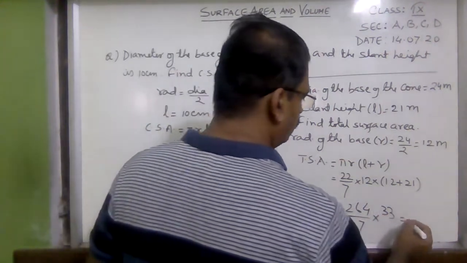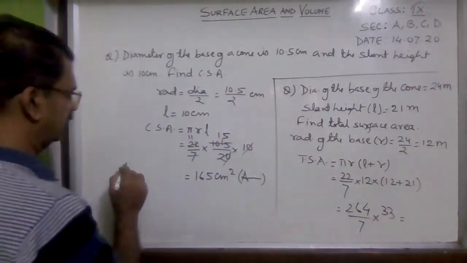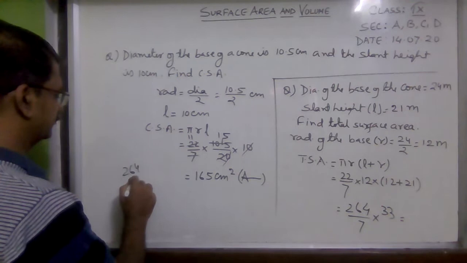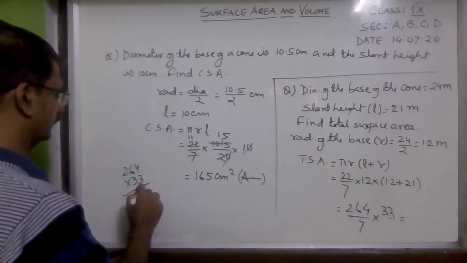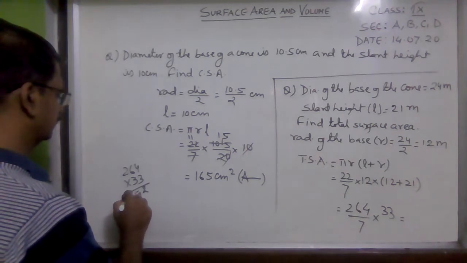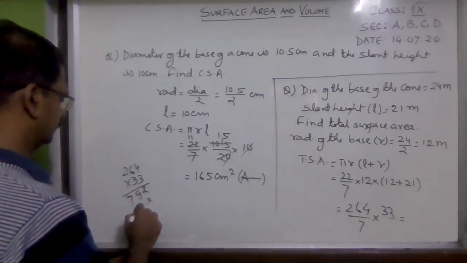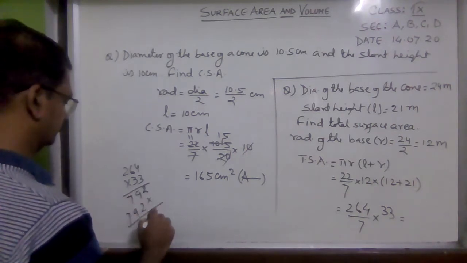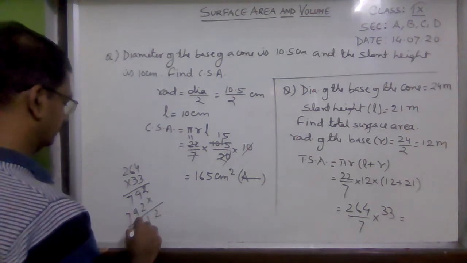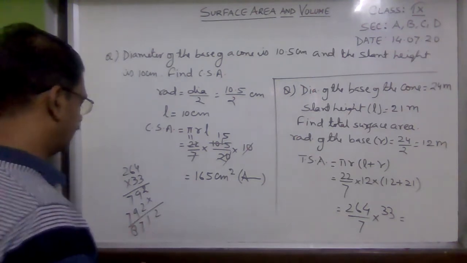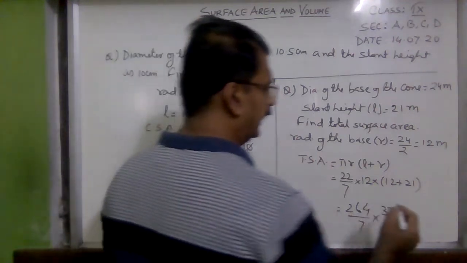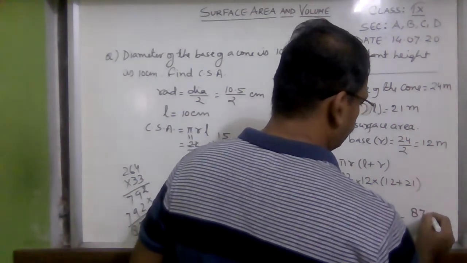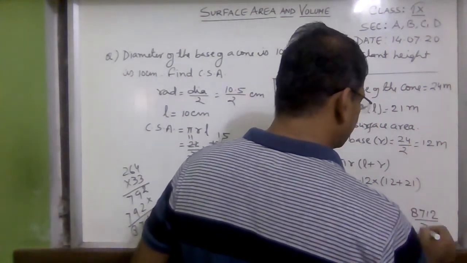So first of all you multiply 264 and 33. Eight seven one two. 8712 upon 7.